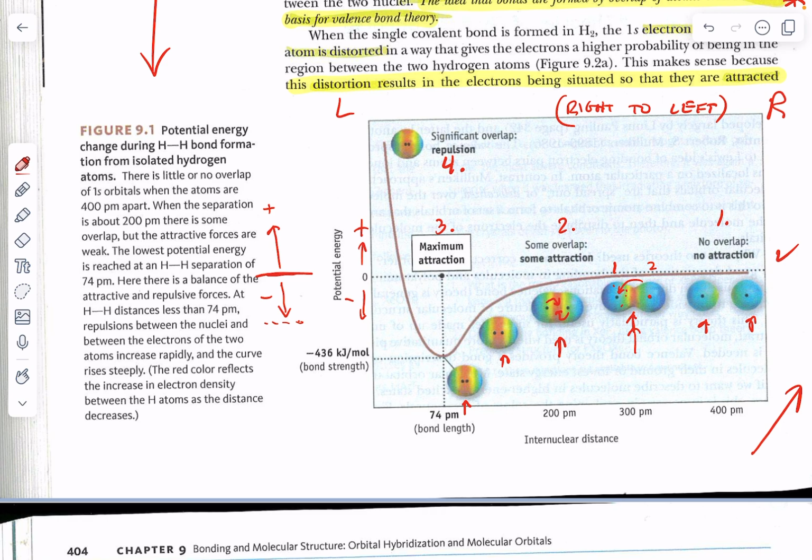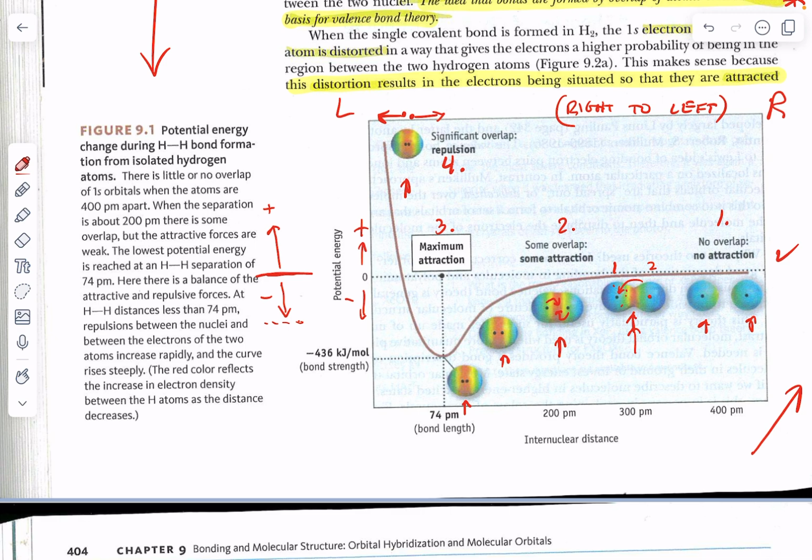But now if we try to push them even closer together, we begin to see a tremendous repulsion. The one nucleus, the proton from the one hydrogen, is now so close it begins to experience a repulsion that is greater than the attraction between each proton and the surrounding nucleus.